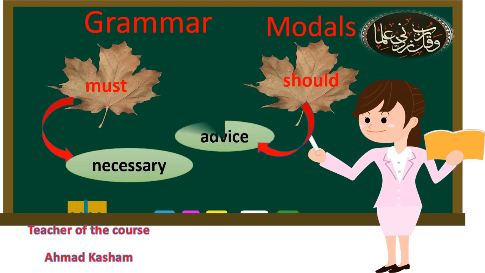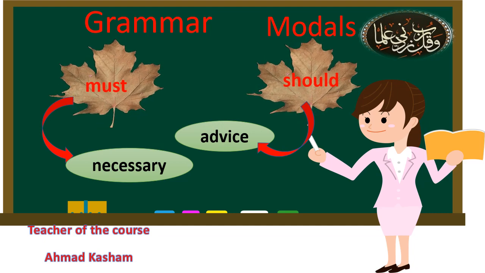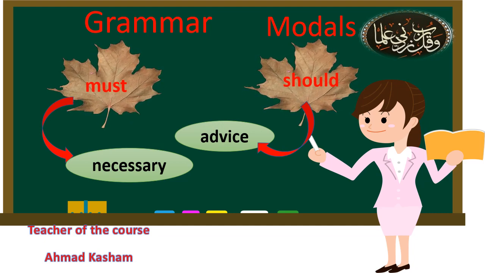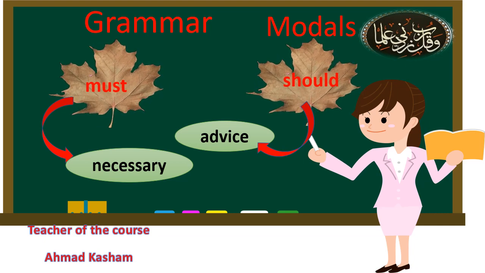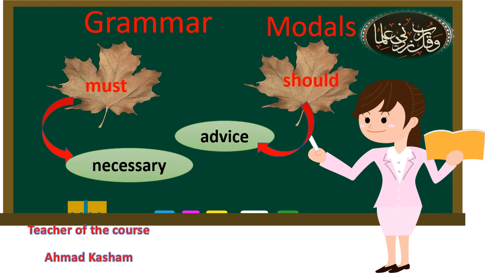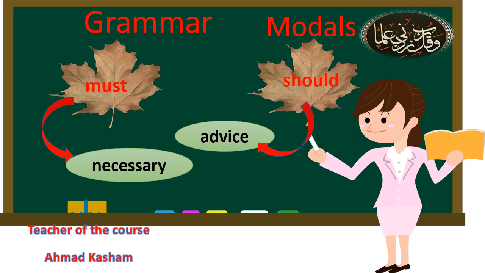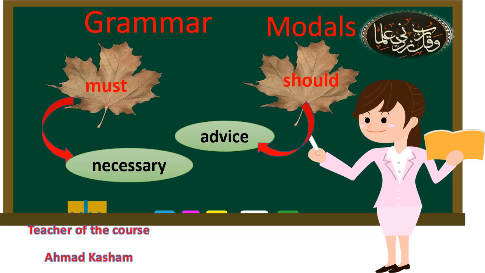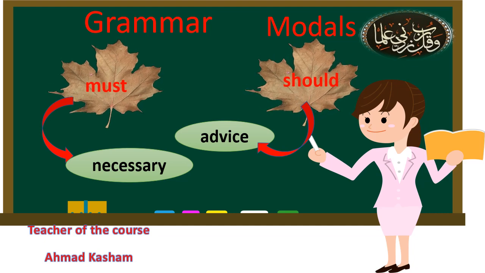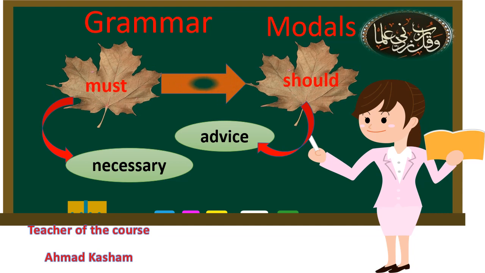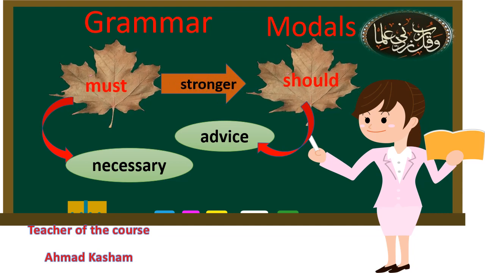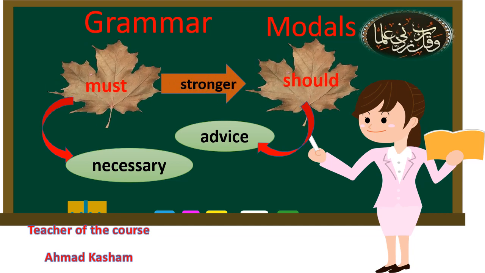Should is used when I'm giving a piece of advice to somebody. So should means عليك. It's used for giving a piece of advice. Advice in Arabic نصيحة. This is the difference. So which one is stronger? Of course it's must. So must is stronger than should.